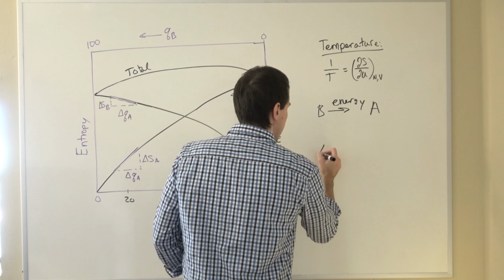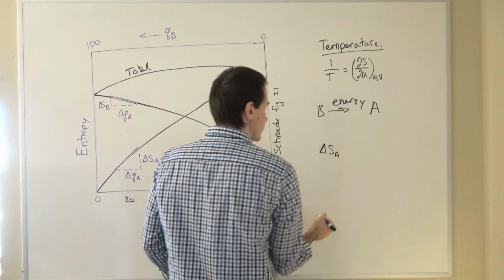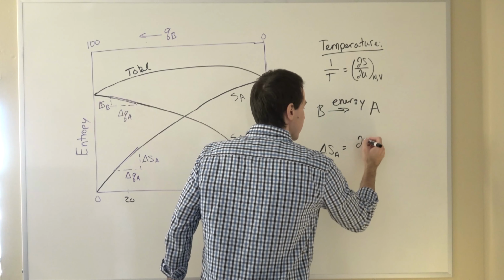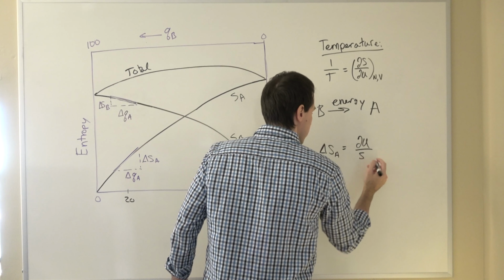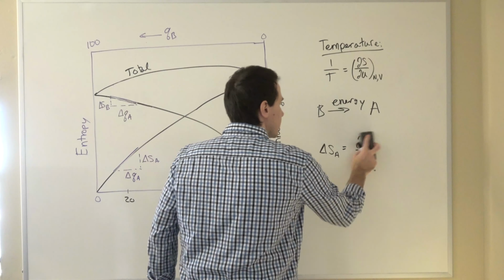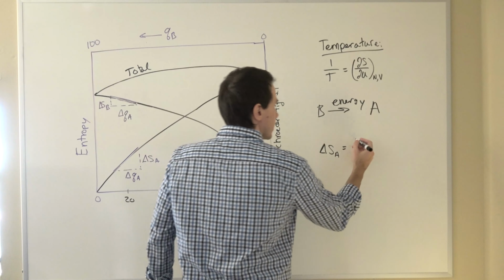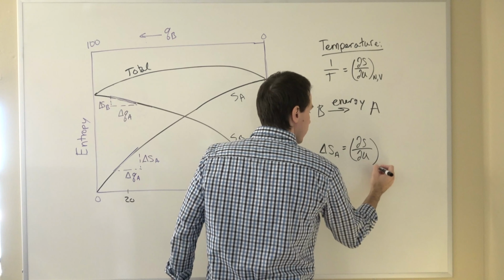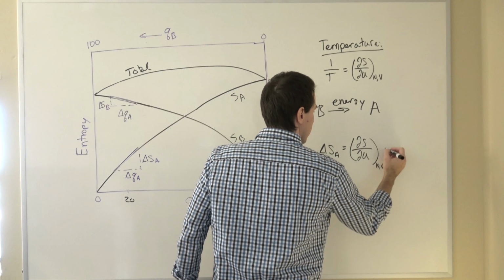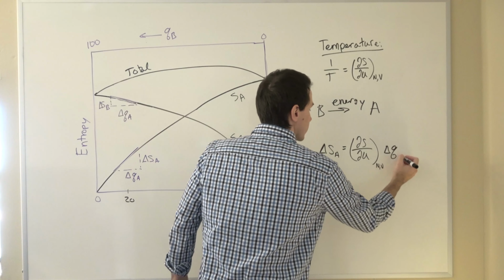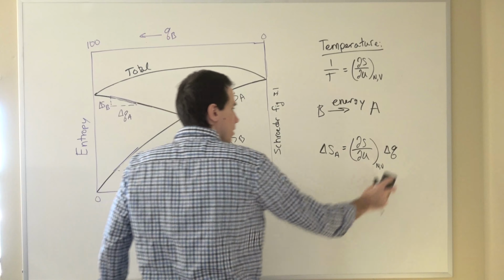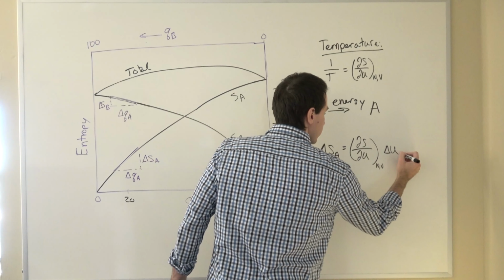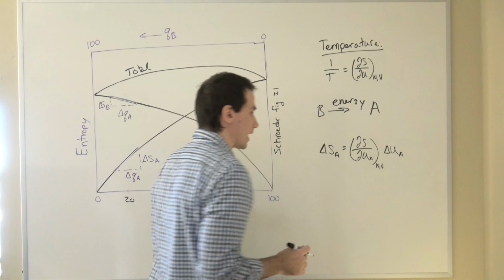So we could write our delta SA, the change in entropy of A, as being the rate of change of our entropy with respect to energy at these constants multiplied by how much energy we gained.